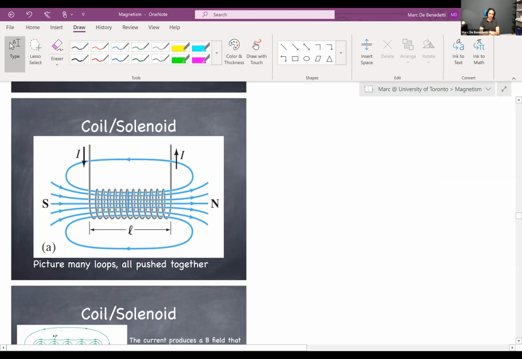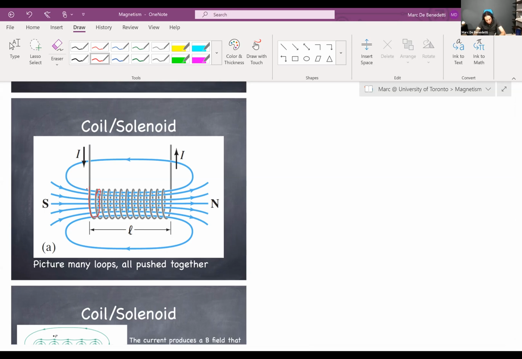Now we're on to solenoids, or a coil. So first, what is a coil? What is a solenoid? All that is many loops that are in close proximity to one another. That's what a coil is. So you can see this here. We have one loop, and we analyzed one loop previously.